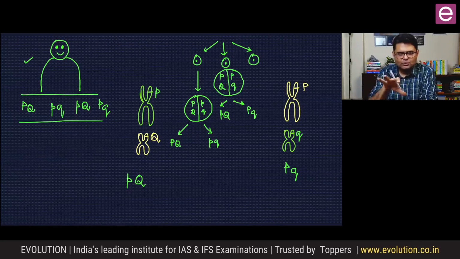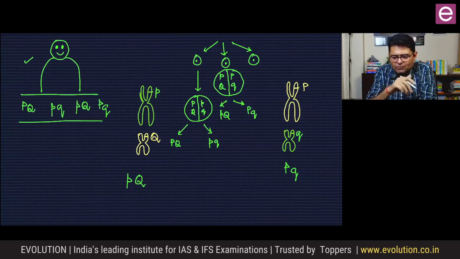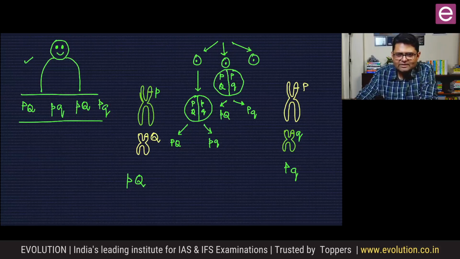So you are clear that we have got 46 chromosomes as human beings? Are you clear, Vasvi? है ना? Yes, sir. I'm clear.